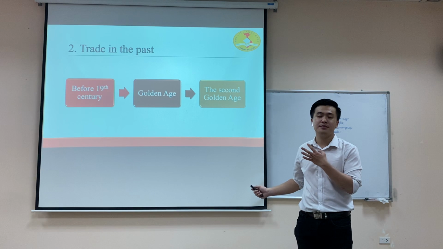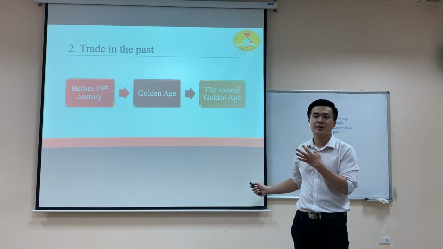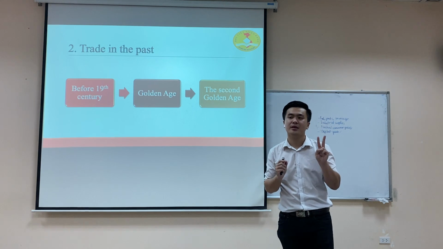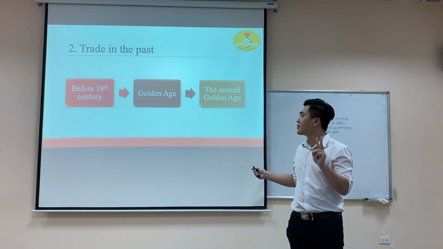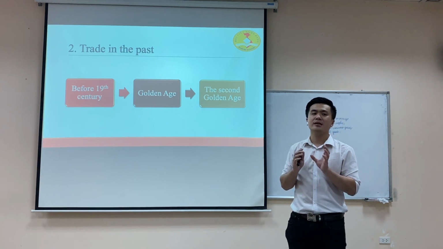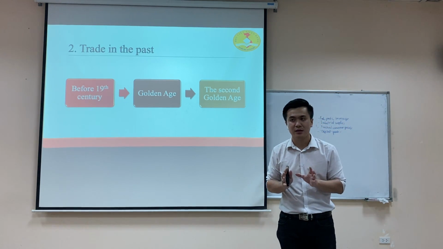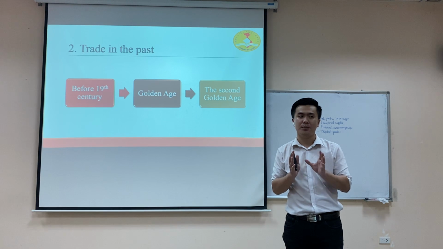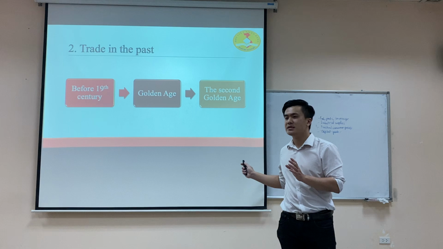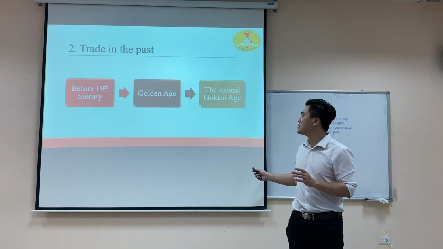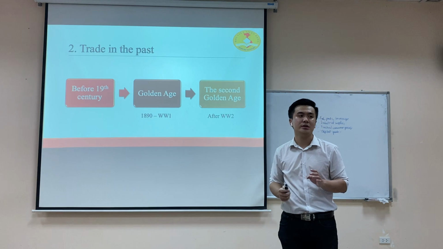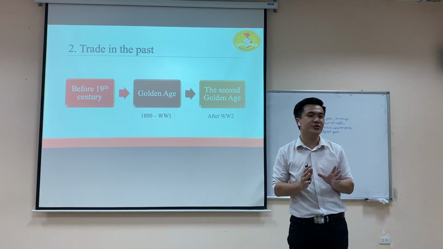Now, in your book on page 64, you can see that international trade had two golden ages. Read the book and answer the question for me. What were the catalysts for the improvement of international trade? Or in other words, why do they call the two periods, before World War I and after World War II, the golden age of international trade?